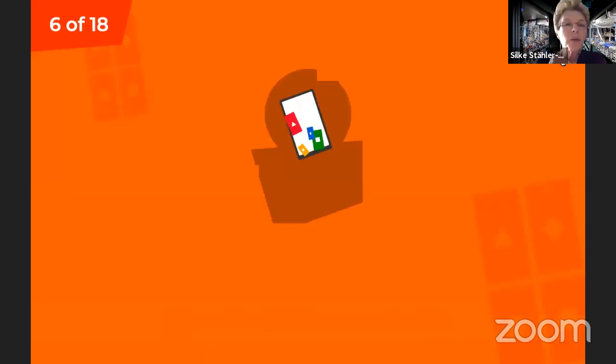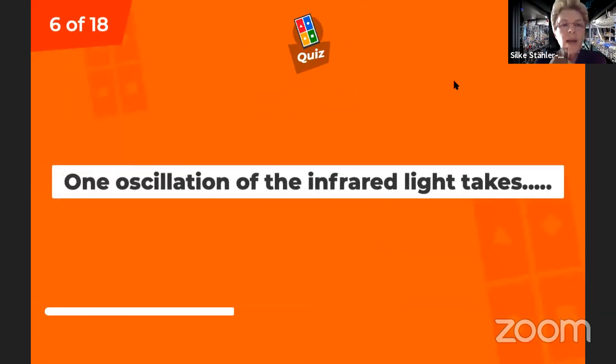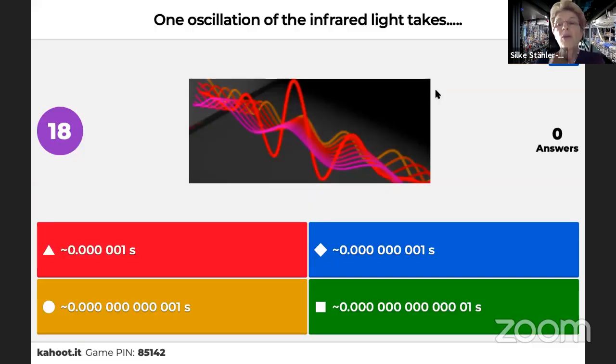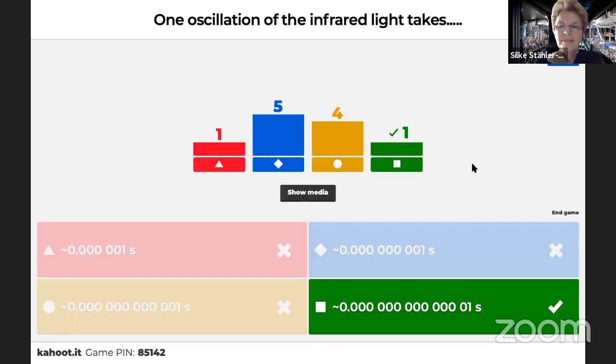Let's continue with the 6th question. One oscillation of the infrared light takes, how long does it take? Okay, one person hit the right answer.